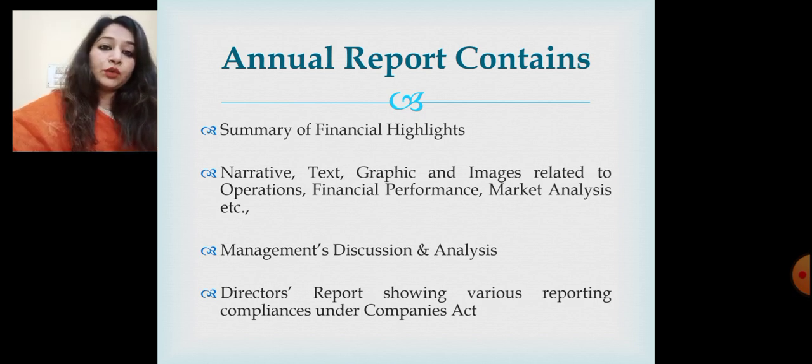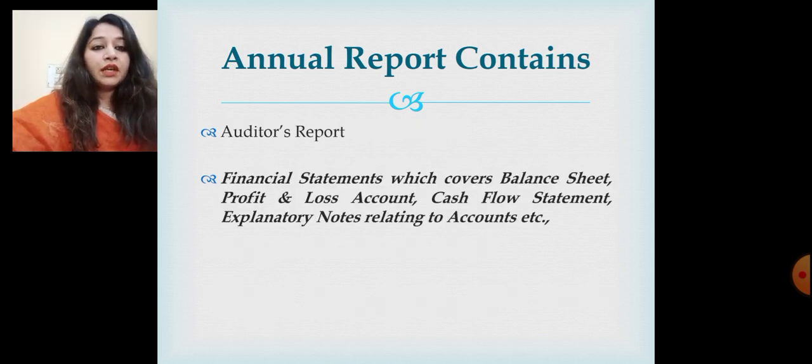It basically includes summary of financial highlights, narrative, text, graphic, image related to the operation, financial performance, market analysis, etc. Management discussion and analysis, director report showing various reporting compliance under Company Act, auditor's report, financial statement which covers the balance sheet, profit and loss and trading account, cash flow statement, explanatory note related to the account, etc. So these are the things which the annual report incorporates.